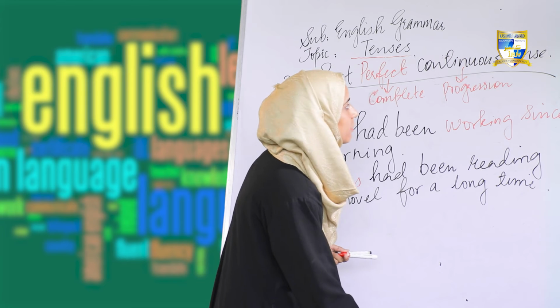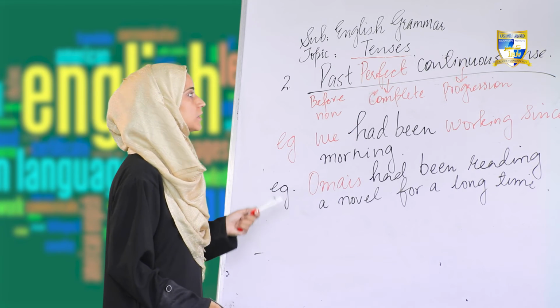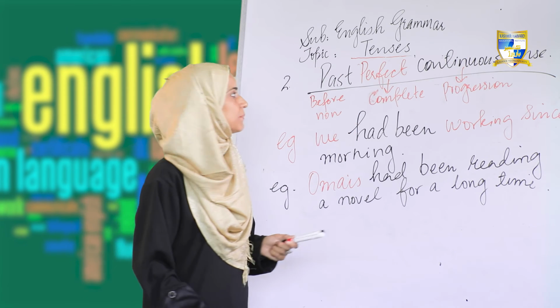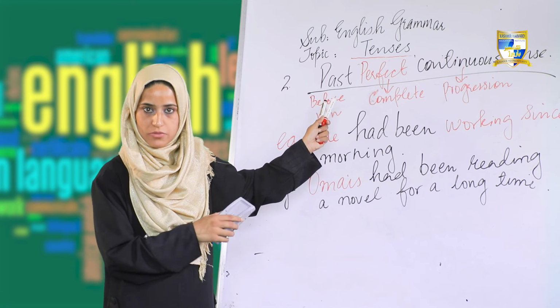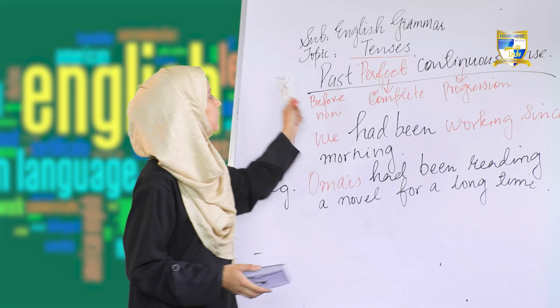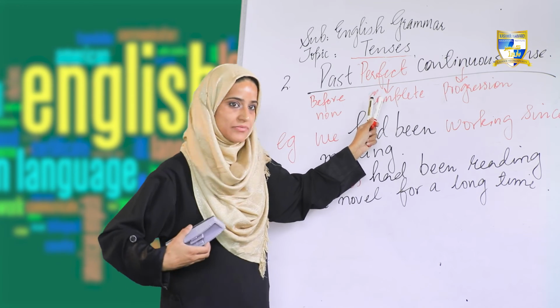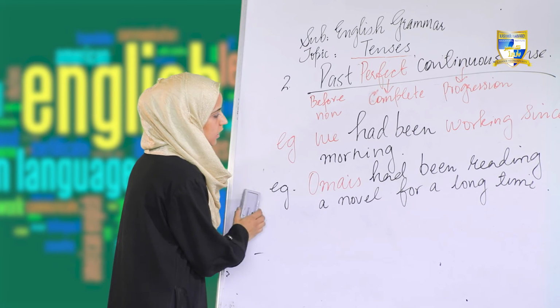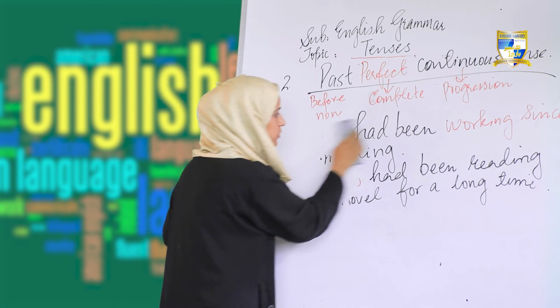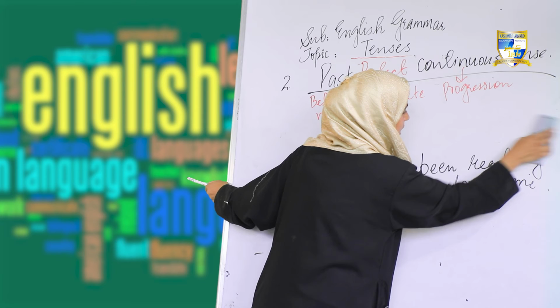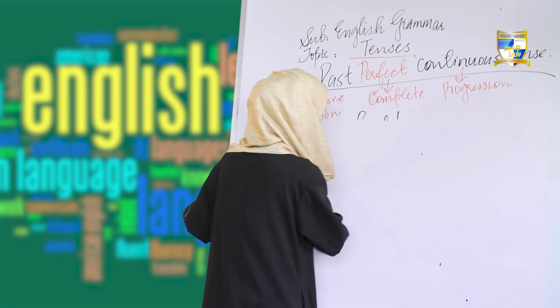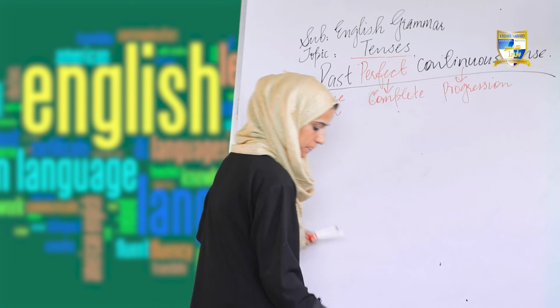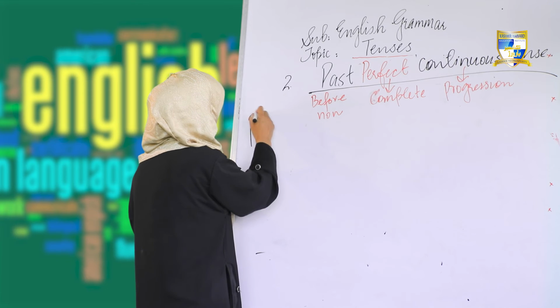So this is simple. We are going to understand the structure of the past perfect continuous tense. Let me repeat again: the action talks about the past time, the action is half done, half still in progression, and it shows the continuity of the action. Let's understand it with the structure. Positive structure first.